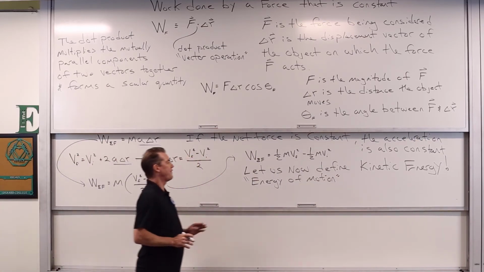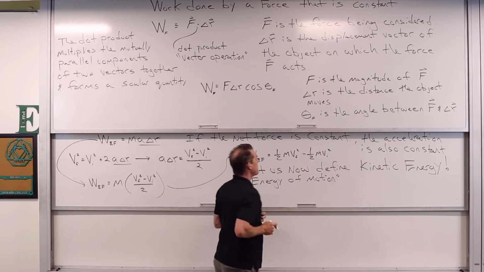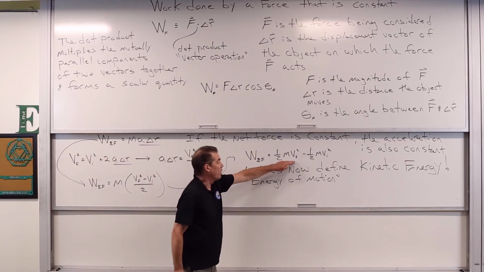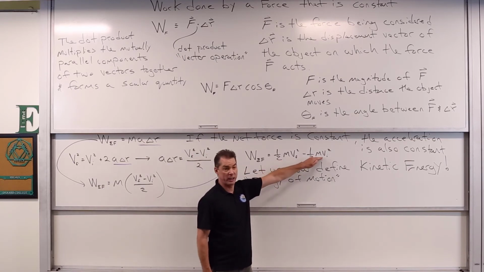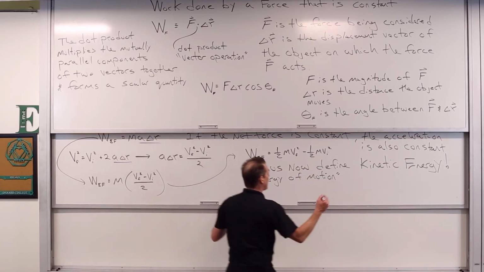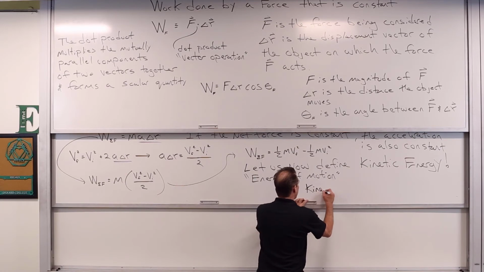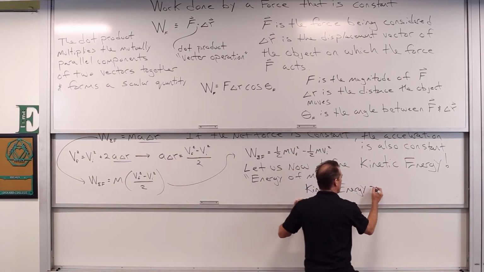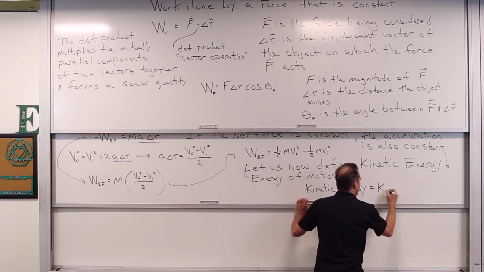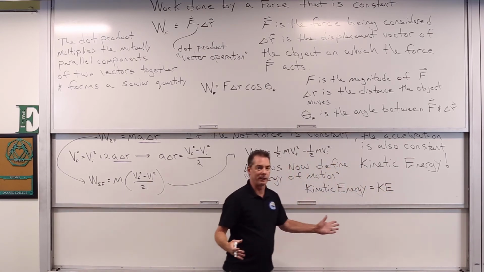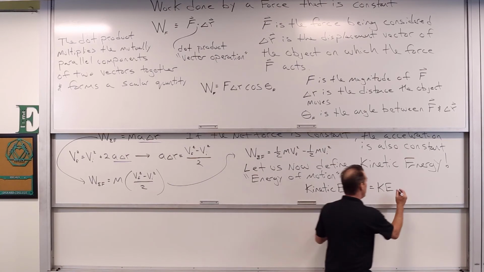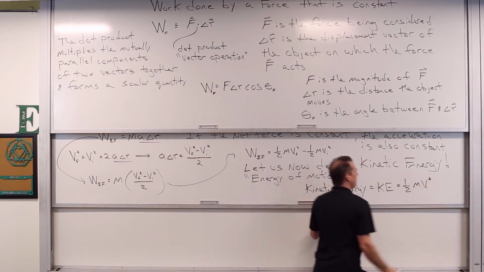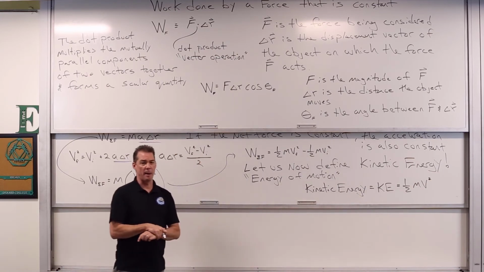So what we have here is that these terms themselves represent a final kinetic energy and an initial kinetic energy. So we just define kinetic energy, which I just generally write as KE, so it's really easy to decipher. Hey, that's kinetic energy. Kinetic energy in general is 1/2 mv squared. That is the kinetic energy of an object.